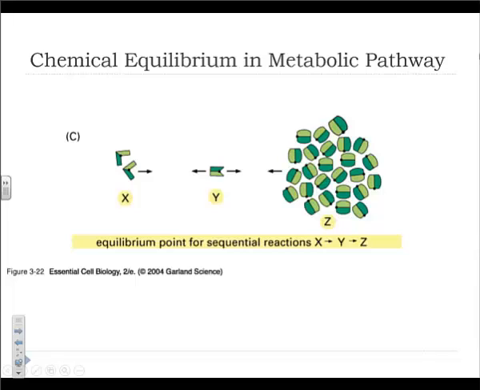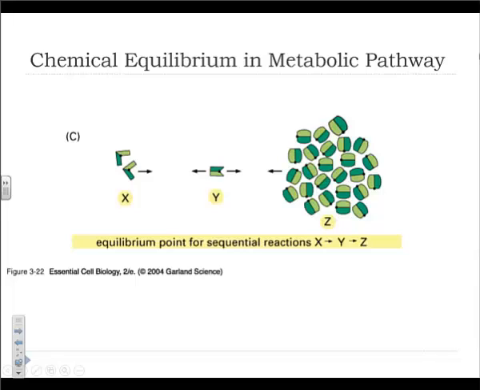So the enzyme that catalyzes X substrate to be converted to Y as a product, if linked to a reaction where the enzyme catalyzes Y to Z as a product, will help drive or siphon off the Y that might have accumulated if that equilibrium were allowed to be reached in the cell.